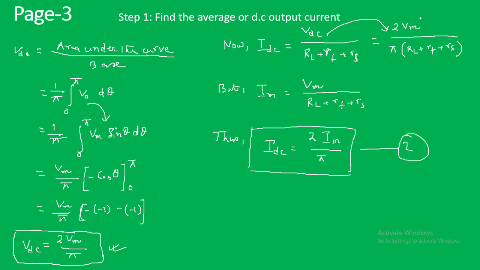But we know that V_m divided by R_L plus R_F plus R_S is nothing but I_m. So substituting I_m in this equation, we get I_DC equal to twice I_m by pi. Let us call it equation number 2.